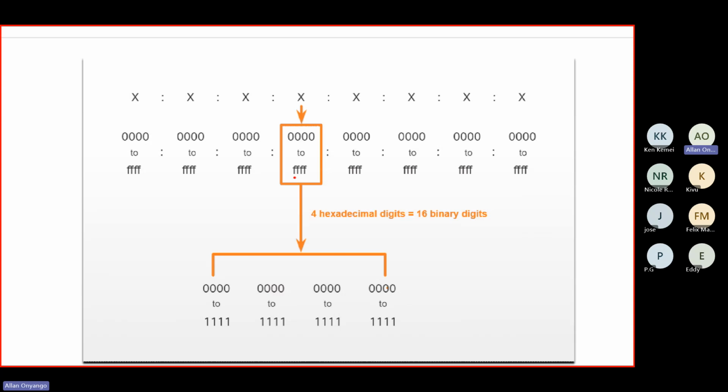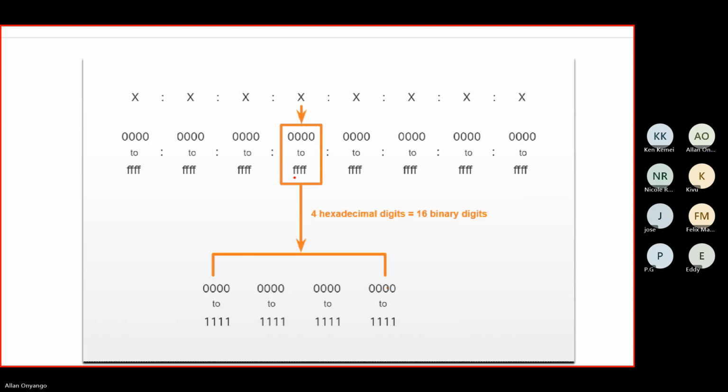Each octet is separated from the next octet using a dot or a decimal, isn't it? And each octet has how many bits? 8 bits, isn't it? And the total number of bits, if you add 8, 8, 8, 8, is 32. I'm saying that because I want us to look at how IPv6 is.